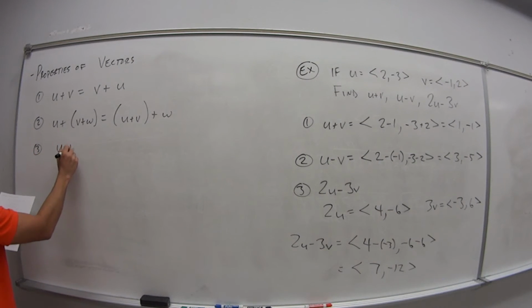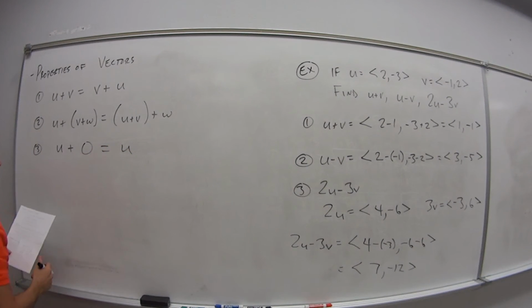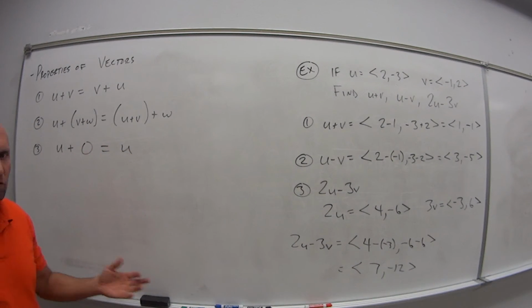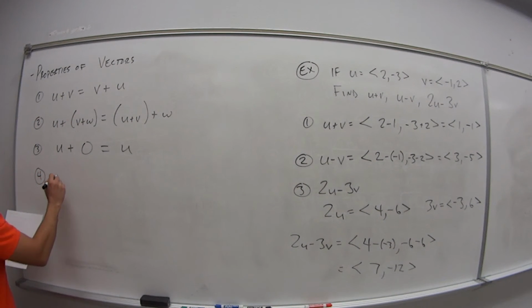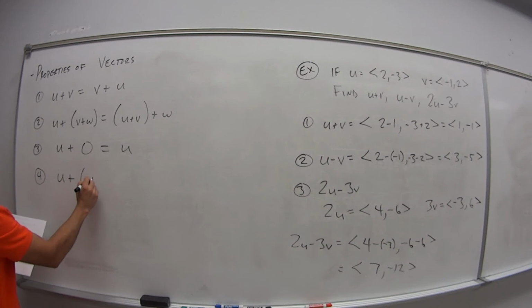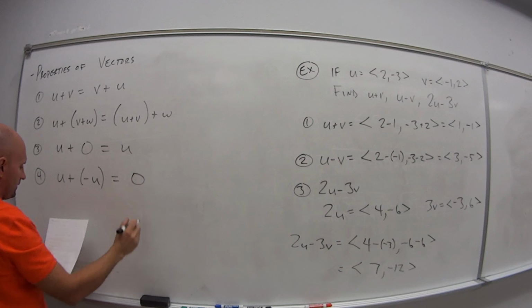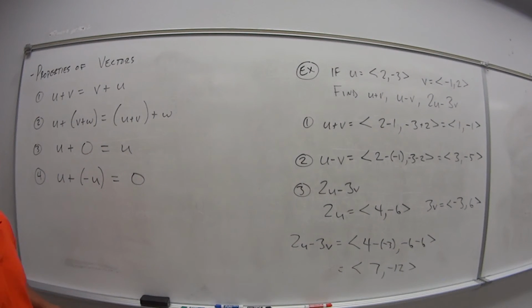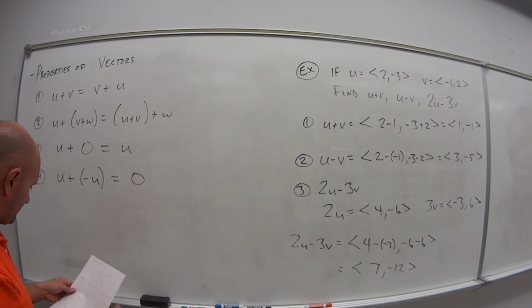If we have some vector U and we add the 0 vector to it, we just get U. So just like with numbers, 3 plus 0 is still just 3. If I have U and I add to it its negative vector, this gets me 0. So again, like addition, if I have 3 and I add a negative 3, I get 0.